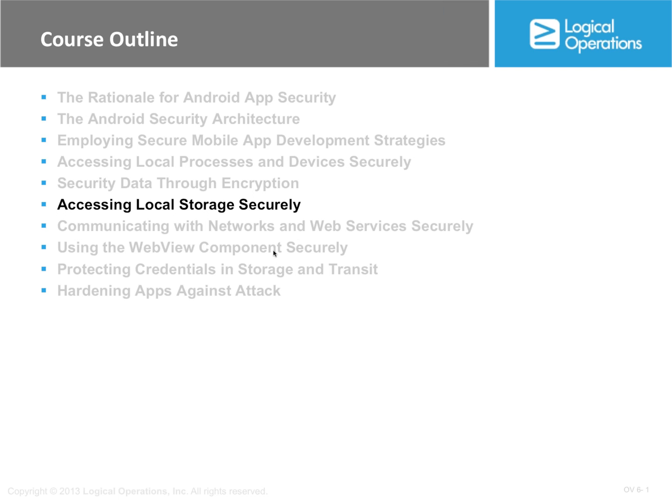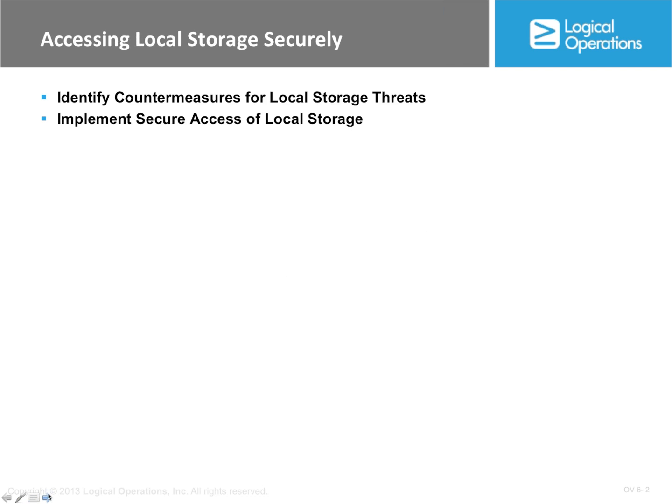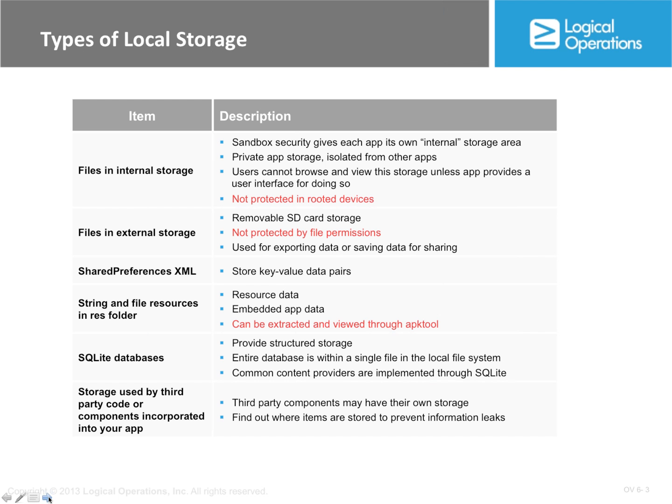That is the focus of this module: knowing what the countermeasures or mitigations are towards some of the threats of local storage or extended storage, whether it be an SD card or what have you, and then how to implement secure access across the enclave or the device, to ensure your app isn't the app that is leaking data.